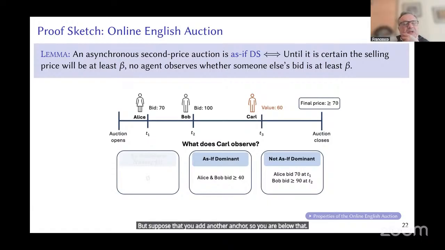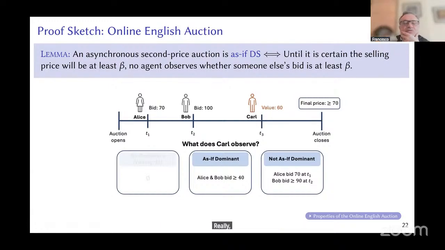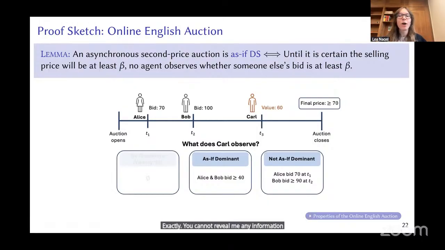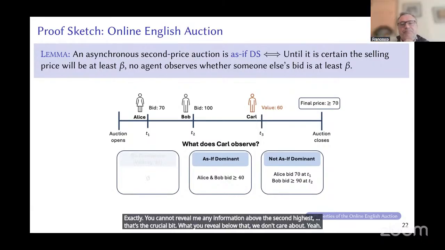It seems to me, from something you said before, that would be the same. So you would still reveal that the bid is above 7. So really what you're saying is what's crucial here is that you reveal the second highest bid. Exactly. You cannot reveal any information above the second highest bid. That's the crucial bit. What you reveal below that, we don't care about. Yeah. Okay. That's exactly right.